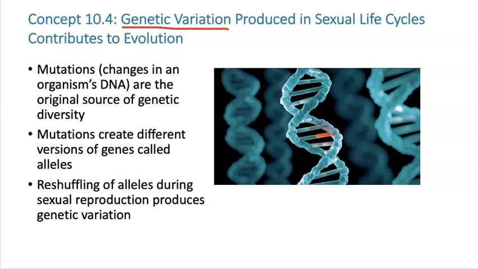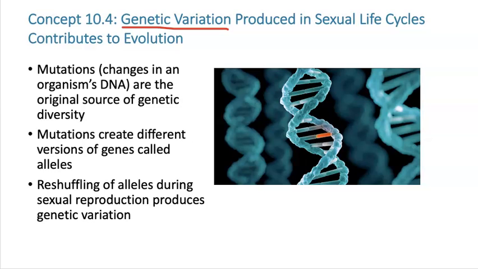Mutations actually create those different versions that we were calling alleles earlier. So different versions of an allele are caused by mutation. We tend to think mutation is a bad thing, but in reality, if it weren't for mutations, we would all just still be single-celled bacteria living in a warm pond somewhere on the planet. Mutations are essential for evolution.